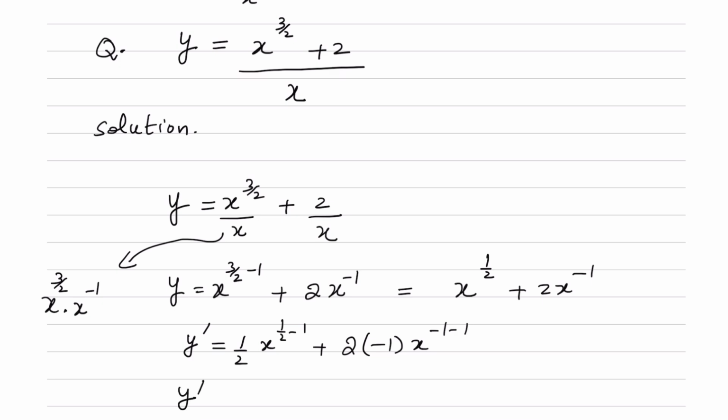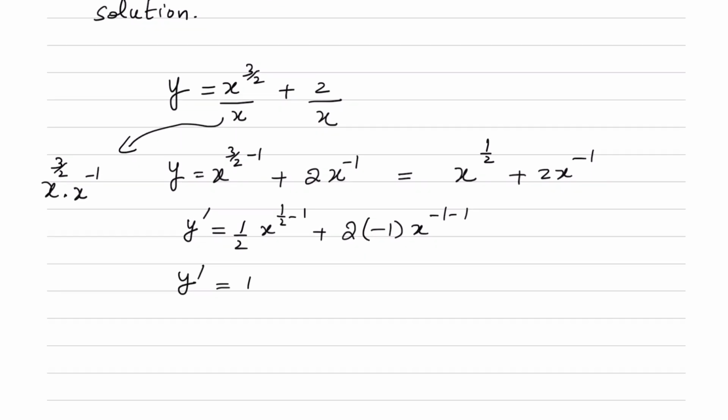We can simplify this expression, which gives us 1 over 2 x to power minus 1 over 2 minus 2 x to power minus 2, which gives us 1 over 2 x to power 1 by 2 minus 2 over x square.